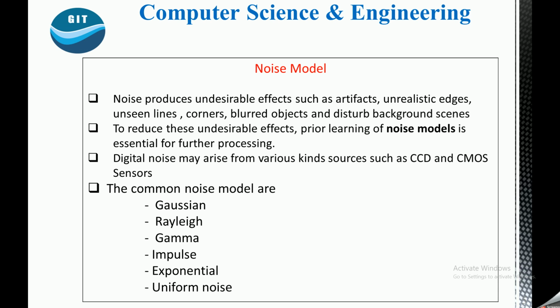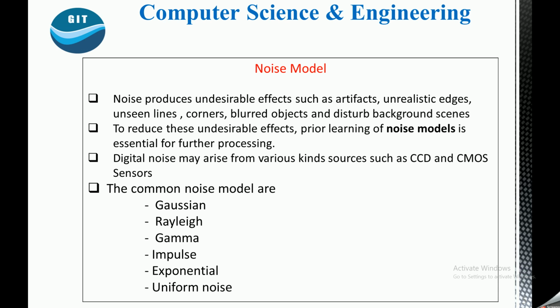Now we will come to the noise model. The noise model produces undesirable effects such as artifacts, unrealistic edges, unseen lines, corners, blurred objects, and disturbed background scenes. To reduce these undesirable effects, a superior understanding of the noise model is essential for further processing.